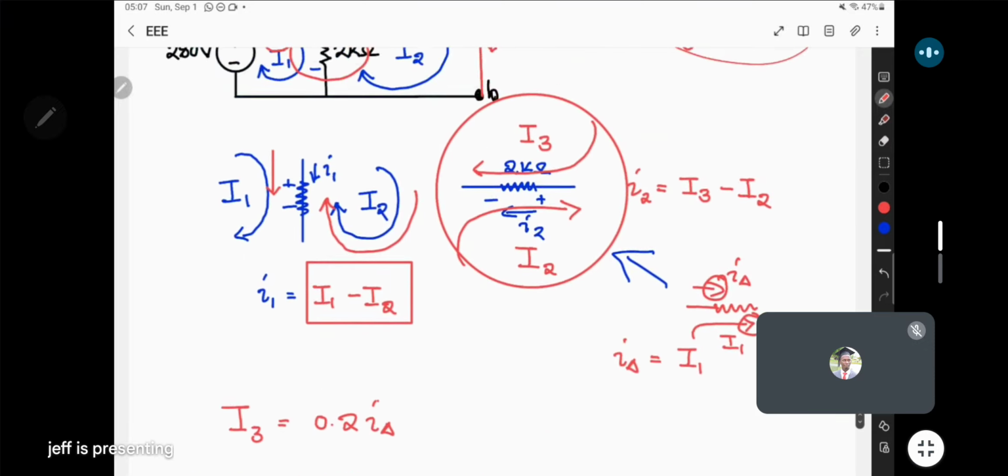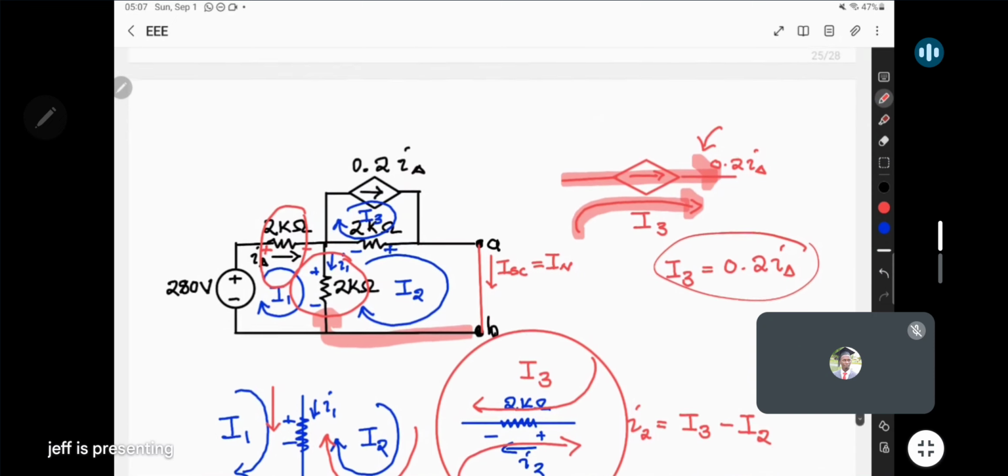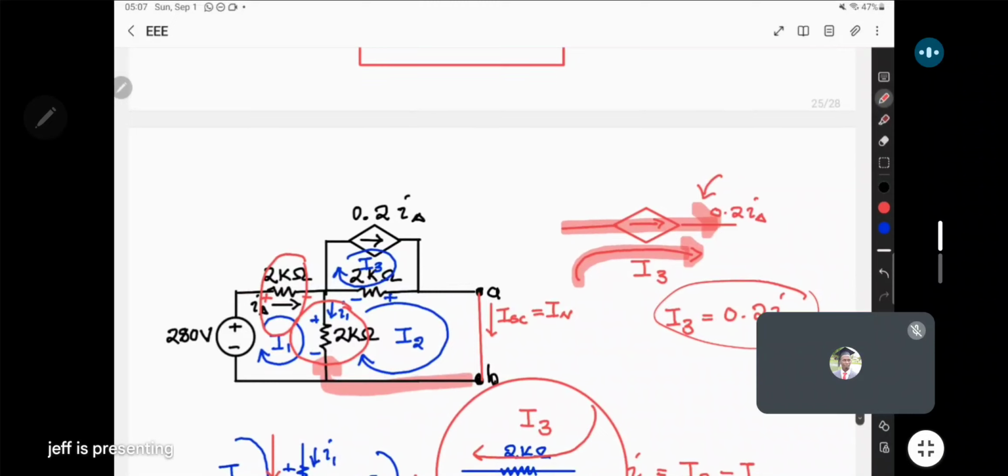Now we go to the second mesh there, the one at the bottom. For the one at the bottom, here we'll start looping from here. First, we find this negative first. So you have to be very careful here. I think this is where you're saying that it kind of confuses in terms of the negative and so on.